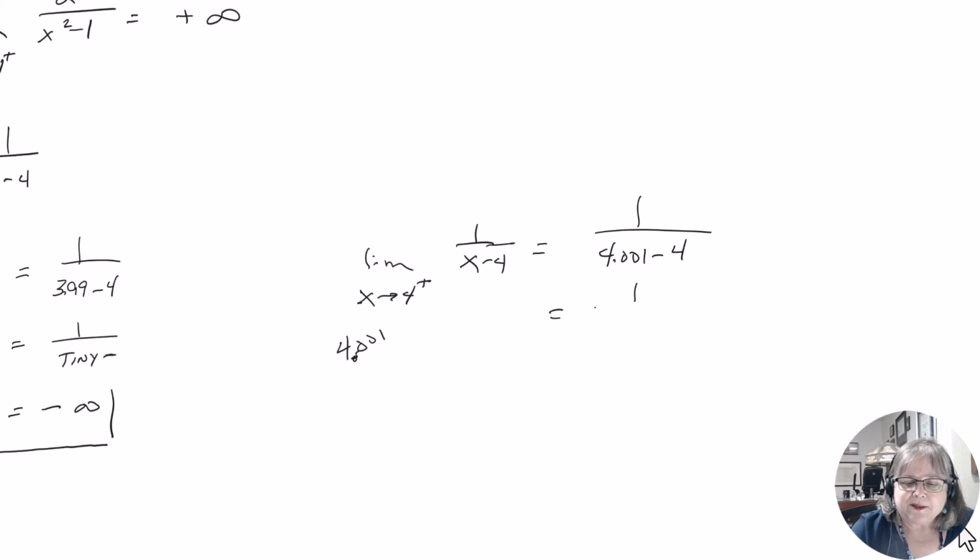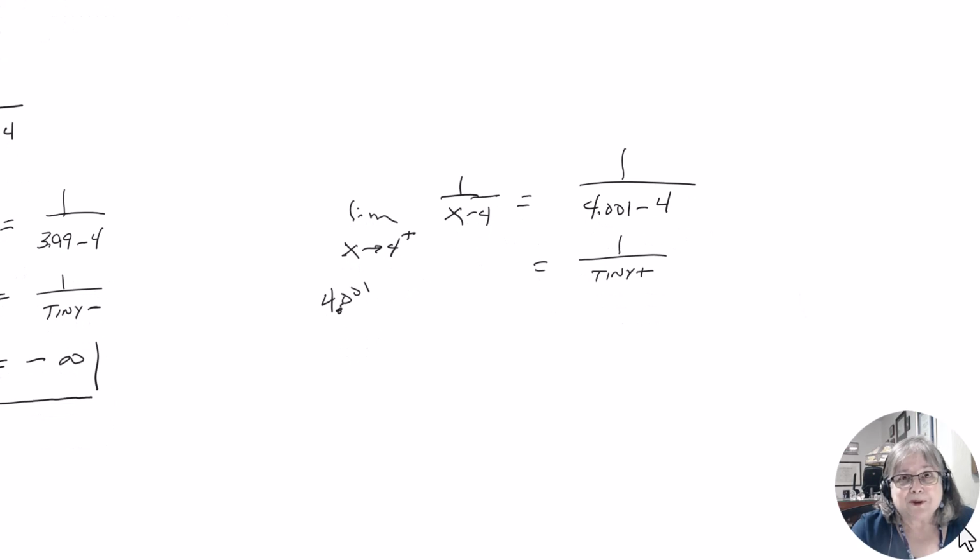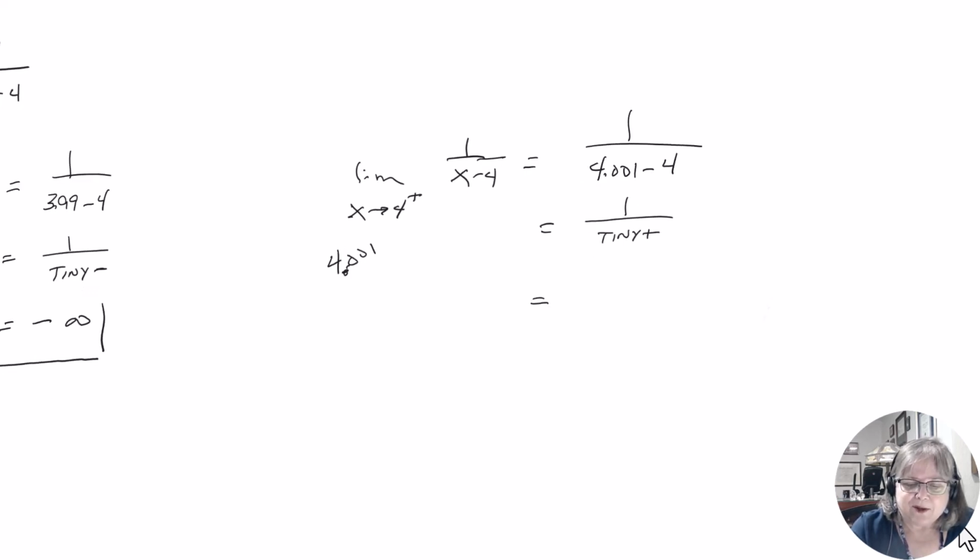What you want to do is to say this is 1 over some tiny positive number, because it's 0.001 in this case. But you're going to keep getting closer and closer and closer, so it's going to keep getting tinier and tinier and tinier, the difference between the two. Still positive. So 1 divided by a little tiny positive number is a huge positive number. So it's positive infinity.